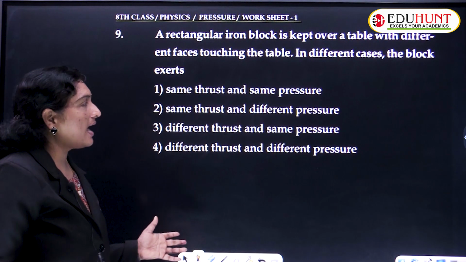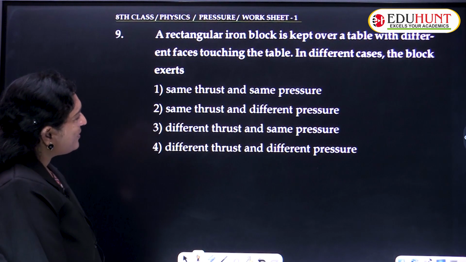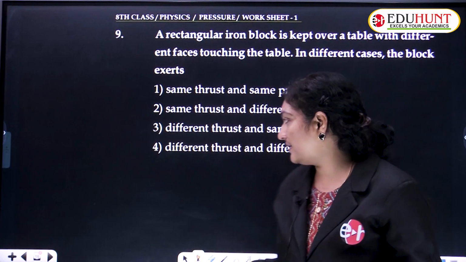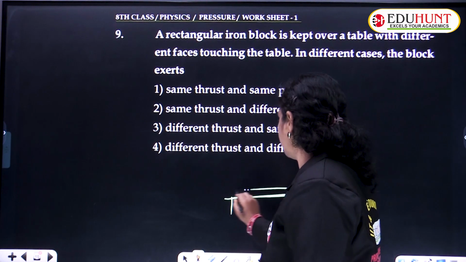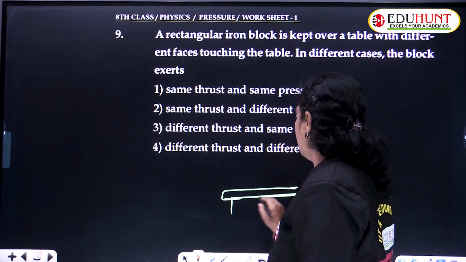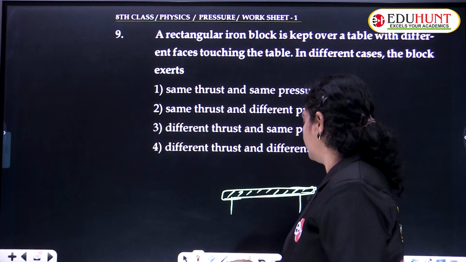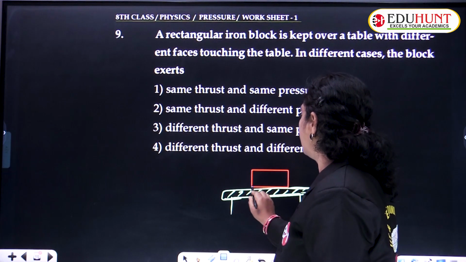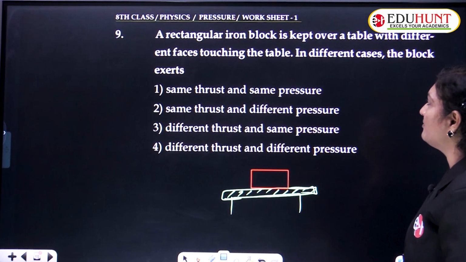A rectangular iron block is kept over a table with different faces touching the table. So what is given? A table is given, something like this. On this table, a rectangular iron block is kept with different faces touching the table.